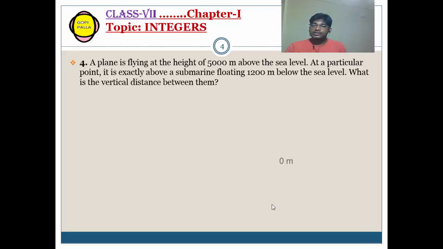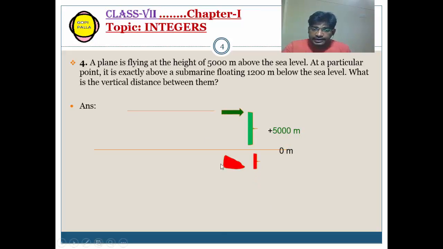So I would like to show this in a small figure. First you just see, let us assume this red thing is a submarine, and this is the flight. This is the normal level.